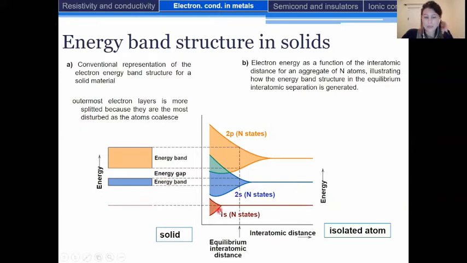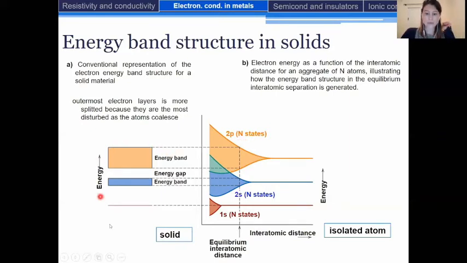And so, for example, in that case, since the interatomic distance is that one, the electronic state 1s is not impacted. And so the level 1s remains the same, whereas the 2s and 2p are represented as electron energy bands.